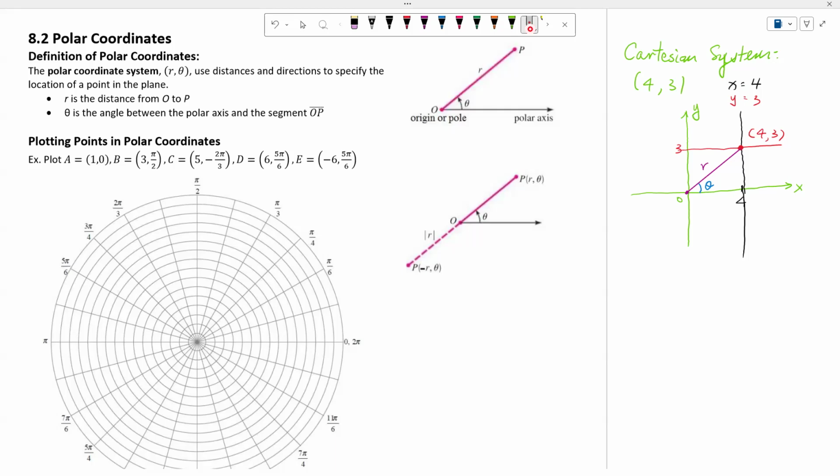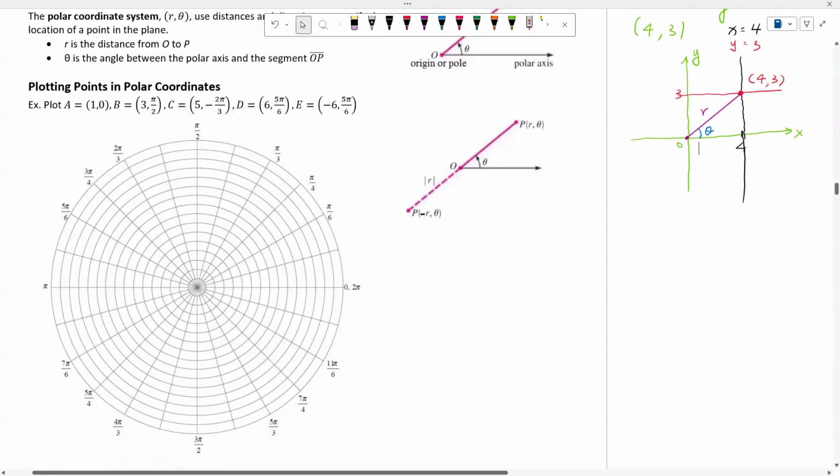So now let's see how we actually locate a point in the polar coordinate system. Remember, the point is (r, theta). So what does this mean? Maybe let us work with examples to make it more meaningful.